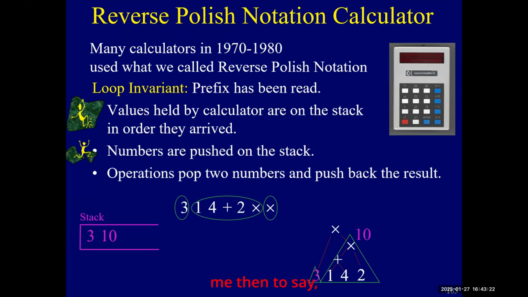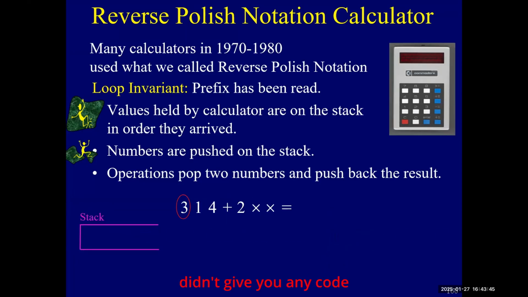And that helps me then to say, well, how do I do the subtrees now? Right? Does that make sense? The purpose of this is to help you design new algorithms, right? And describe the algorithms in ways, right? And you'll see we didn't give you any code, and you more or less get the algorithm.